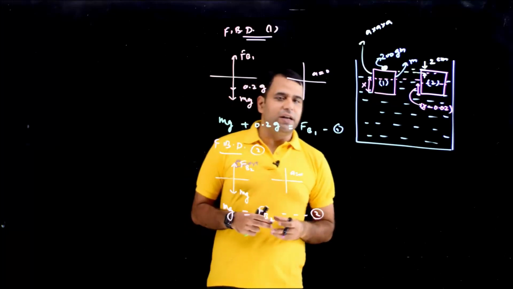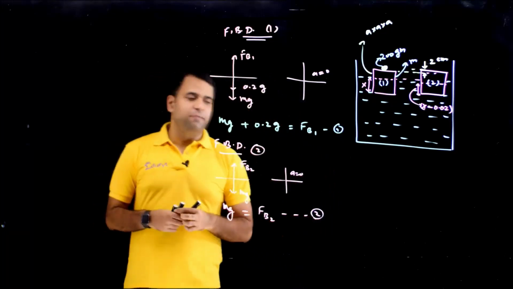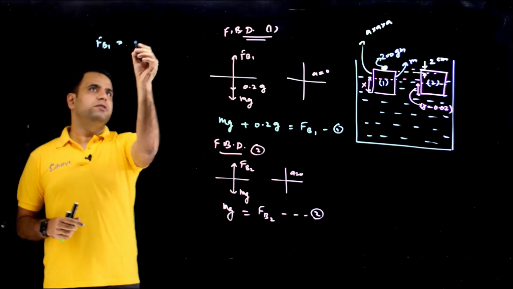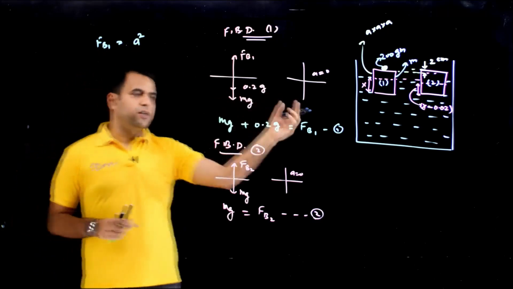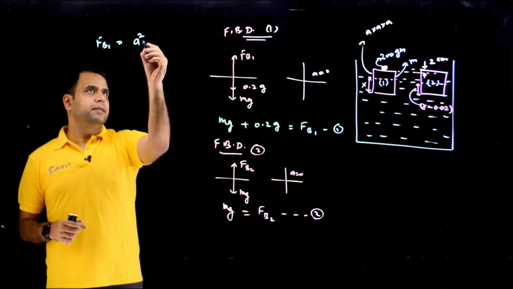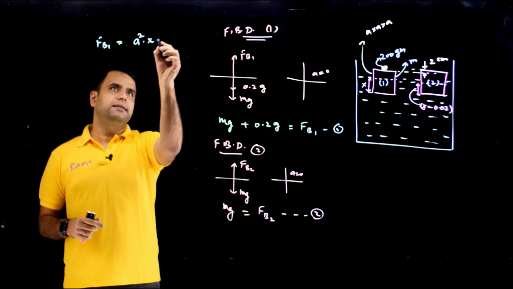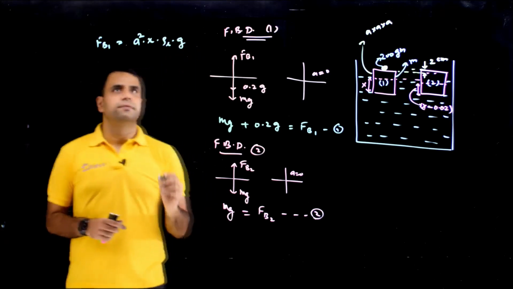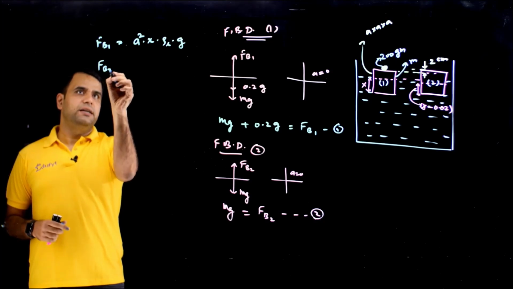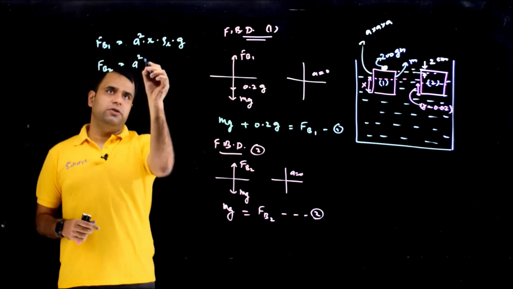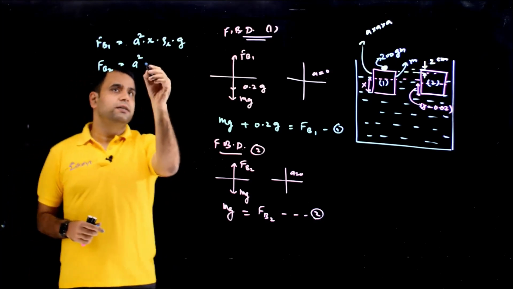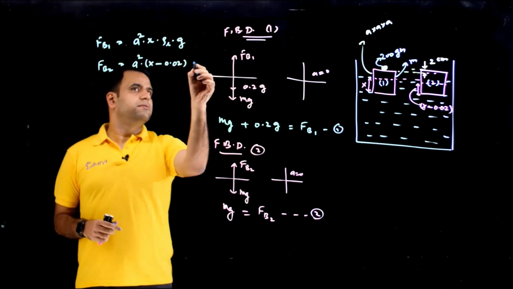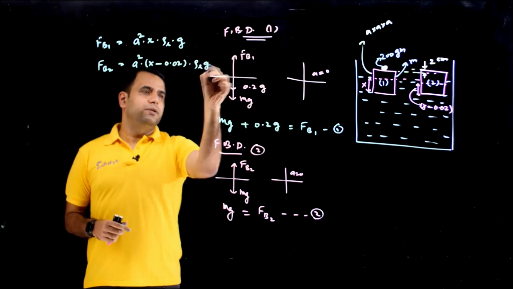So the value of FB1 will be equal to a square, which is the cross section area, which is not changing in both the cases, multiplied with x, multiplied with density of liquid, and multiplied with g. And FB2 will be equal to, because the cross section area is not changing, a square multiplied with x minus 0.02 multiplied with rho L into g.